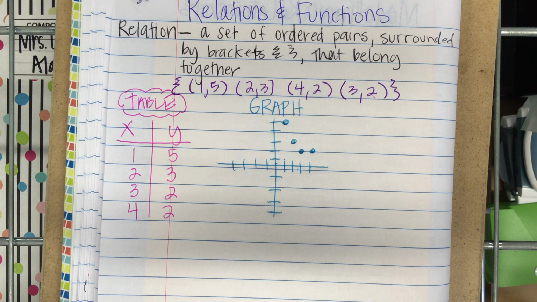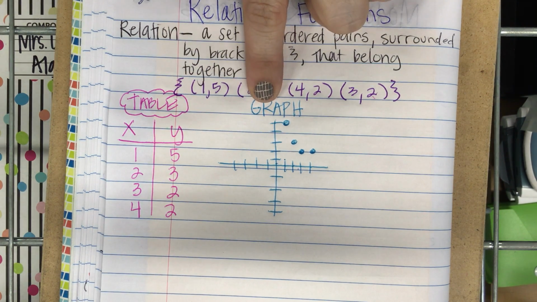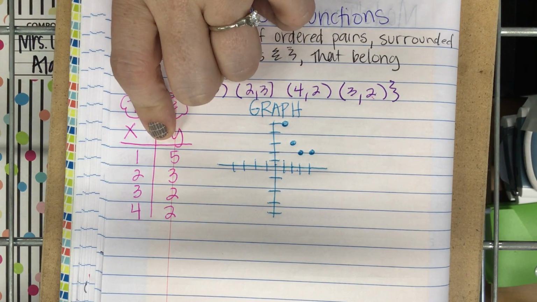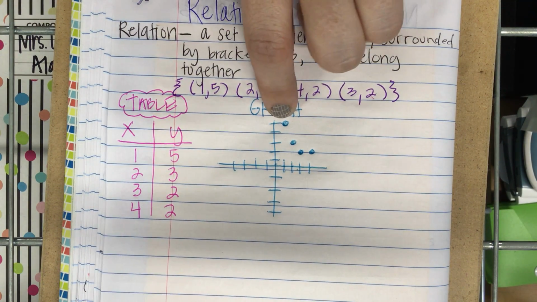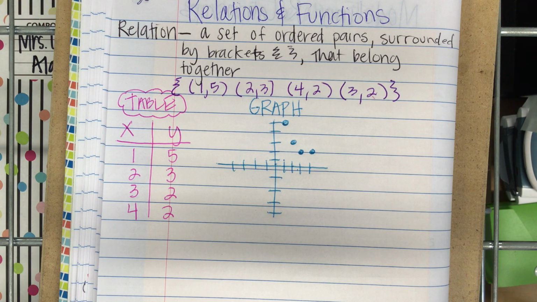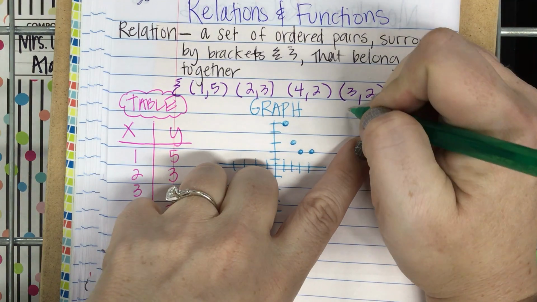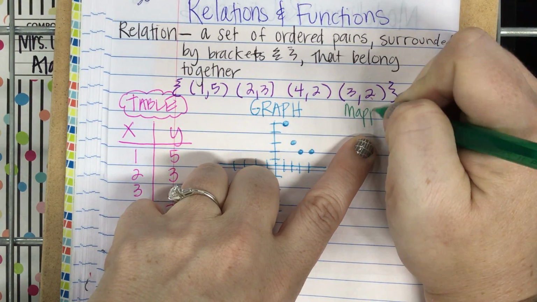So, a relation can be shown 4 different ways. It can be shown as a set of ordered pairs. It can be shown as a table. It can be shown as a graph. And the 4th way of showing this is called a mapping diagram.